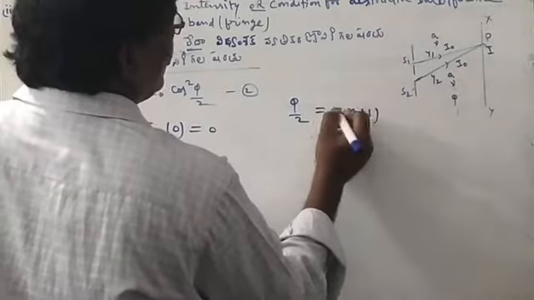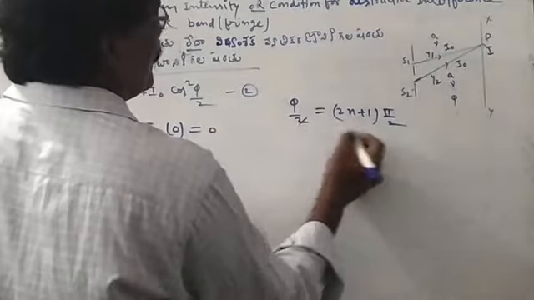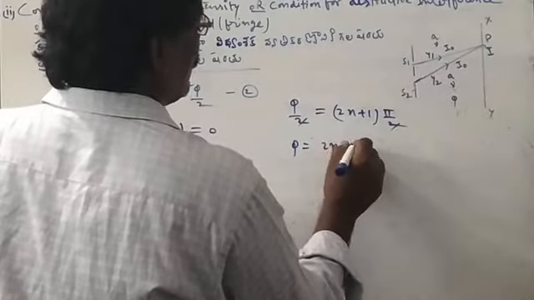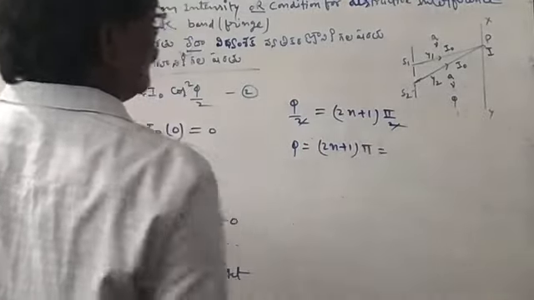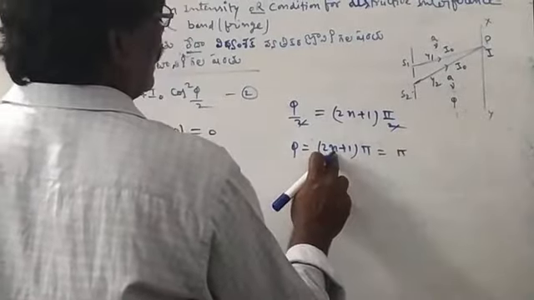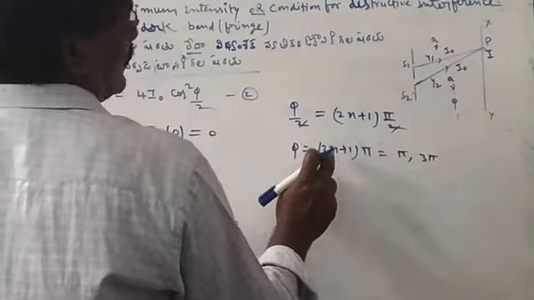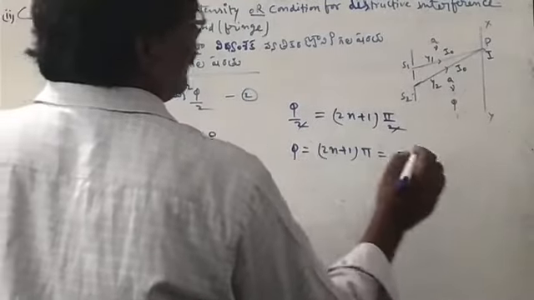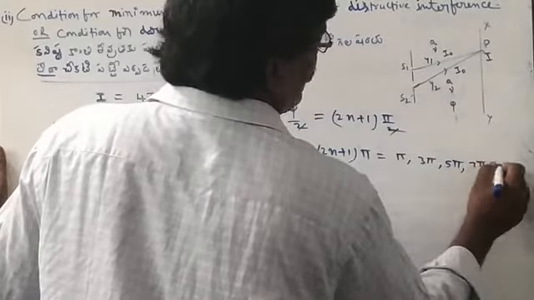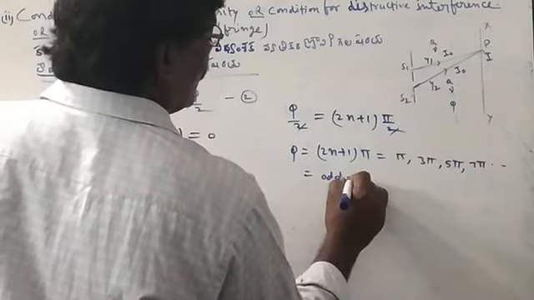The 2 cancels. Therefore phi is equal to 2n plus 1 into pi: pi, 3 pi, 5 pi, 7 pi, and so on. That is an odd multiple of pi.